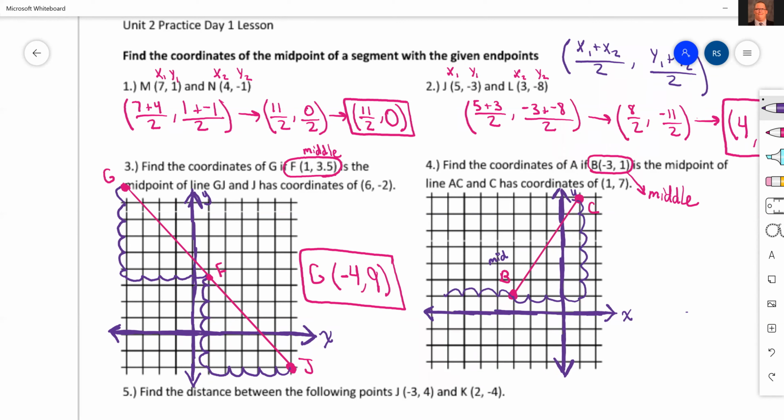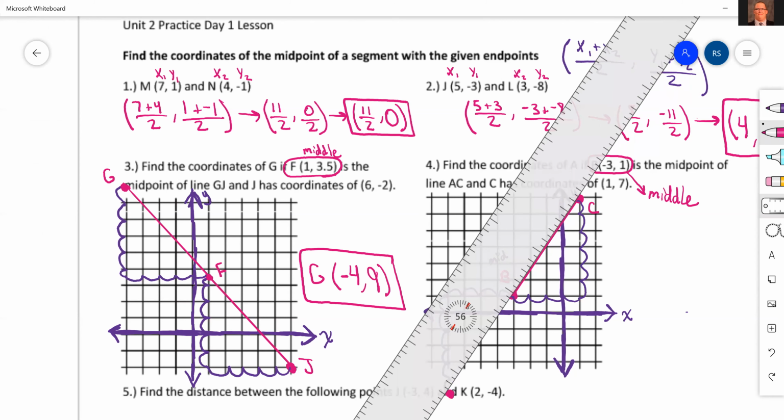Then I need to go down 6. 1, 2, 3, 4, 5, 6. And then try to draw my straight line between them.